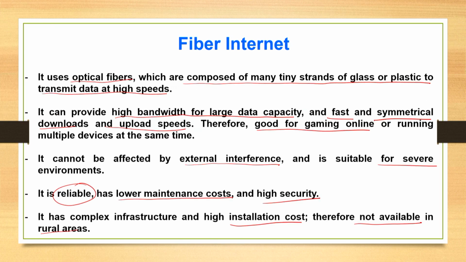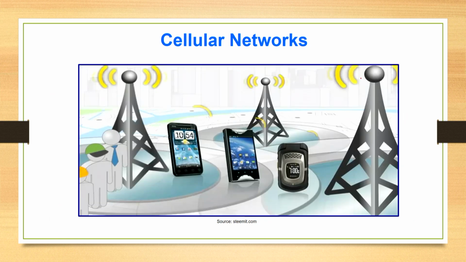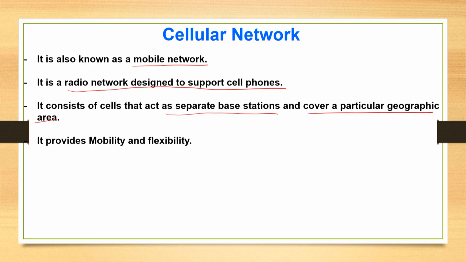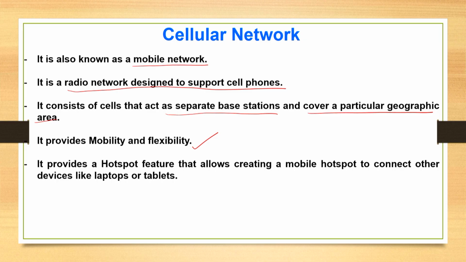So from this diagram, you can see the base stations through which you can establish a connection. It provides mobility and flexibility because physical cables are not used for the connection. It also provides a hotspot feature.